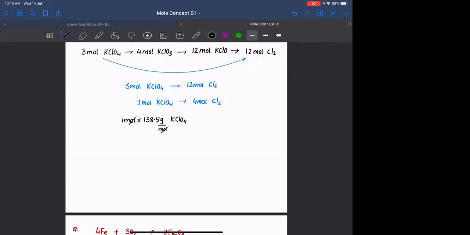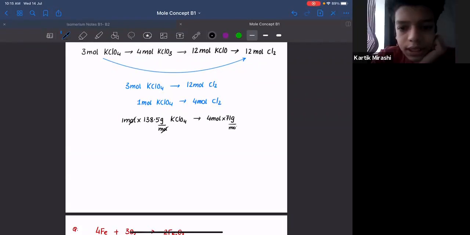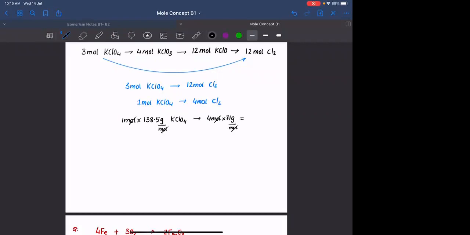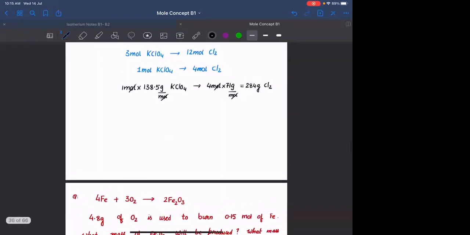This is obtained from how much amount? 4 mole into 71 gram per mole, which is equal to 284 gram of Cl2. अभी पूछा क्या है हमको?